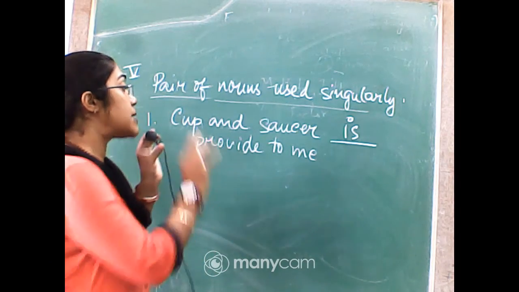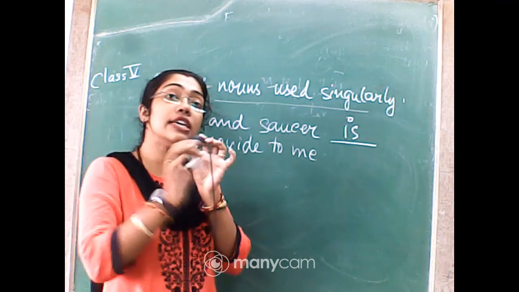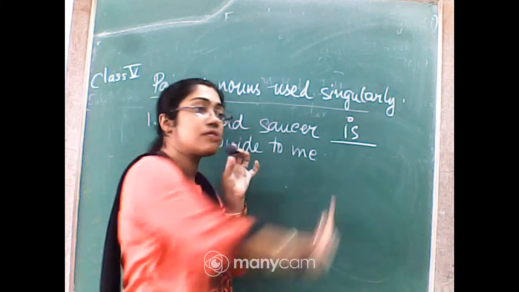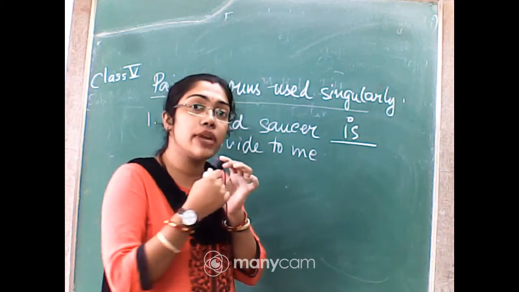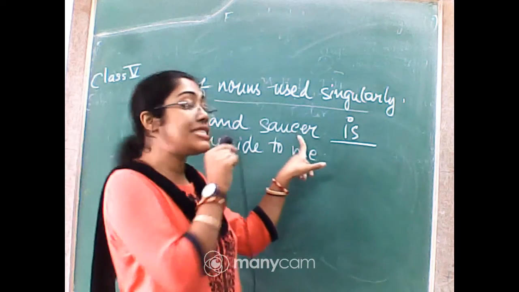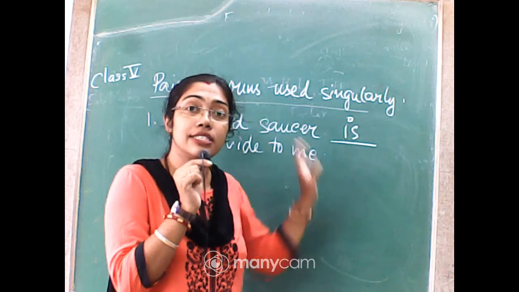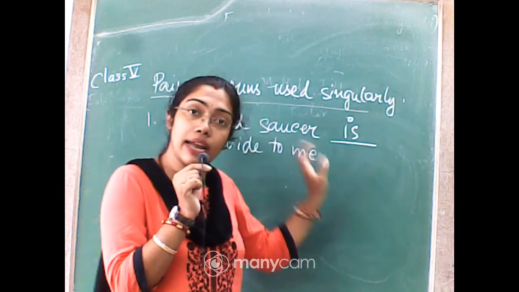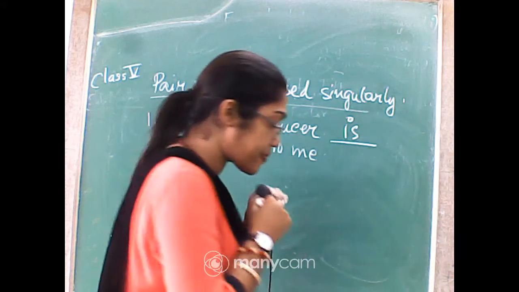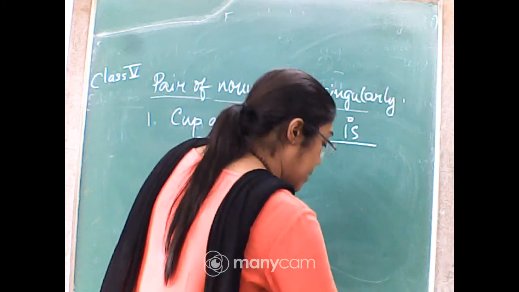Cups and saucers, if it is given in the plural term, at that time you will use are, not is. But when I'm talking about cup and saucer in singular, at that time you will be using is.